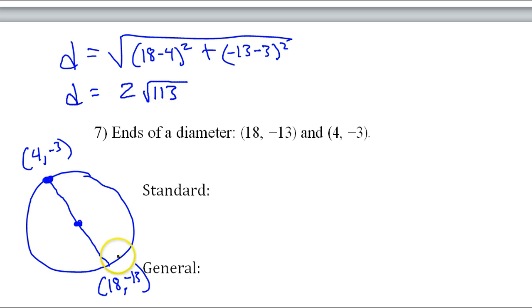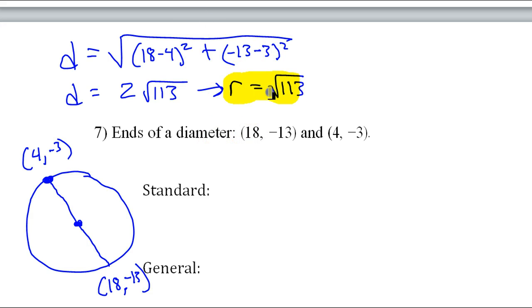Now that's the diameter. So if that's the diameter, then the radius should be half of this. If I divide this by 2, that's just going to leave radical 113. Okay, so I've got the radius. That's going to be helpful.